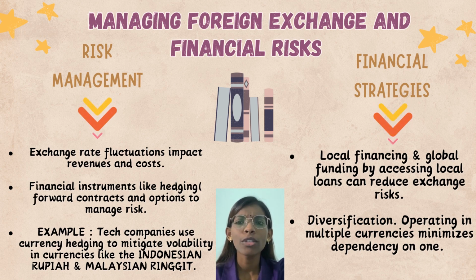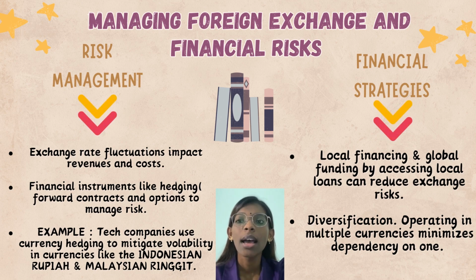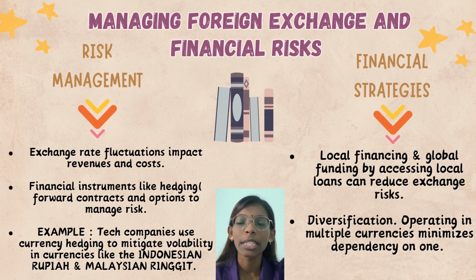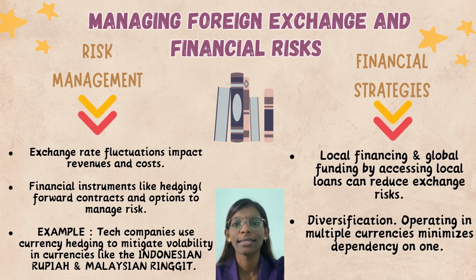For example, Microsoft uses currency hedging to manage its global operations and stabilize financial performance. Next, companies should consider local financing to reduce dependence on foreign capital and minimize exchange rate risk. Diversification across multiple currencies can also help mitigate the impact of adverse currency movements.